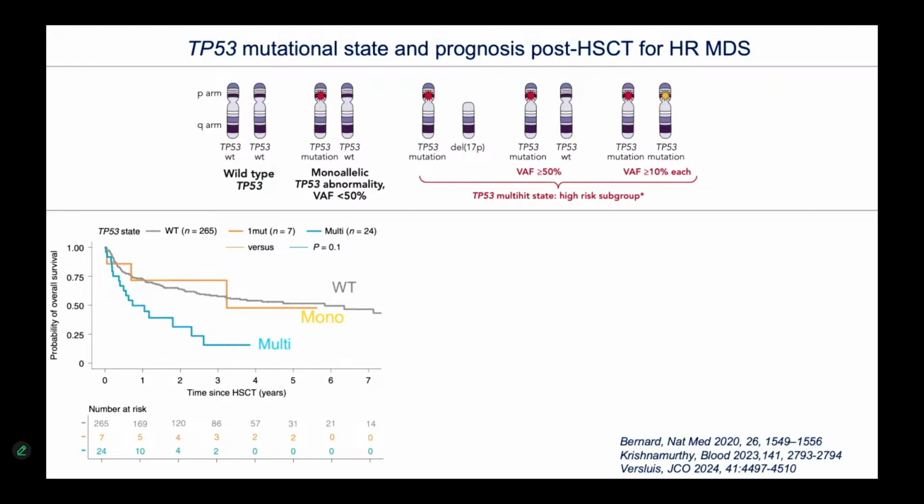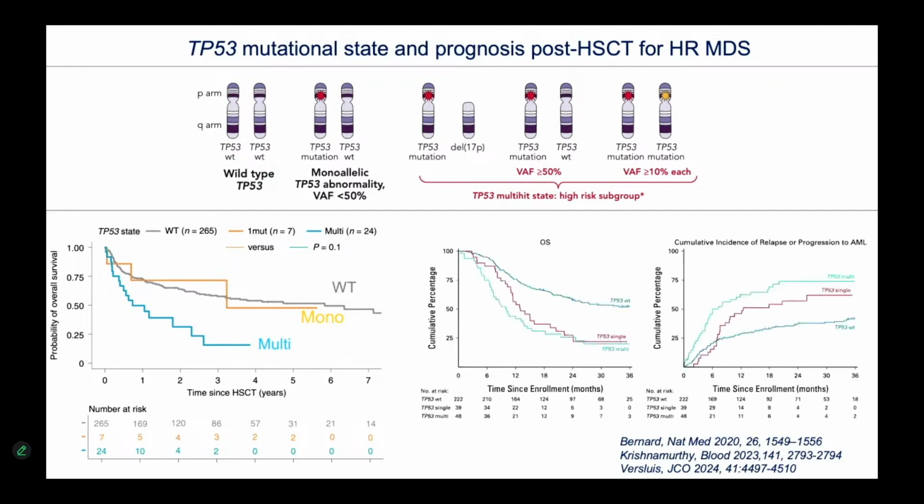And Elsa Bernard's data from back in 2020 demonstrated the adverse survival for MDS patients with a multi-hit state, whereas those patients with wild-type disease appear to have perhaps a similar outcome as the mono-hit patients.